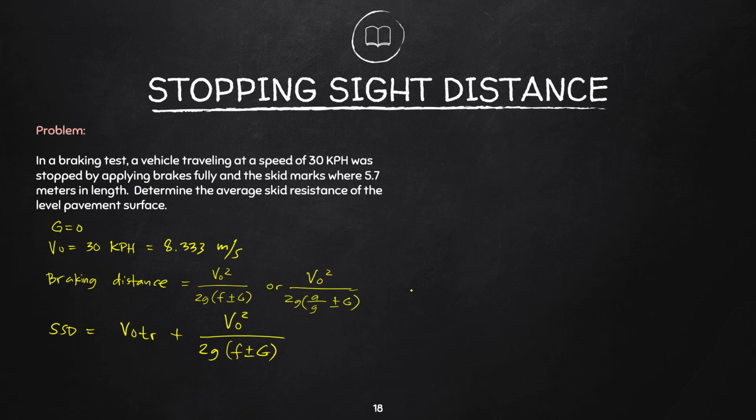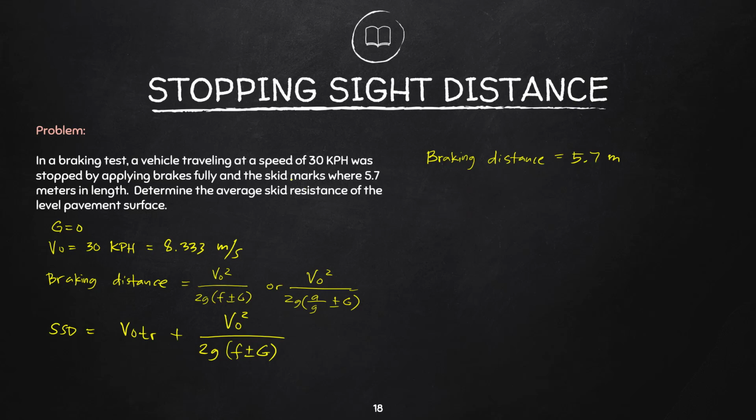So let's compute for the braking distance, and this is equal to 5.7 meters. Because if you apply the brake in this scenario, there will be skid marks, or the marks of the tire, on the road. This will be very visible if the road being utilized in this braking test is a concrete road.